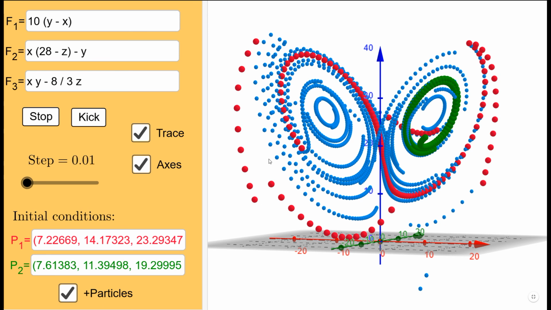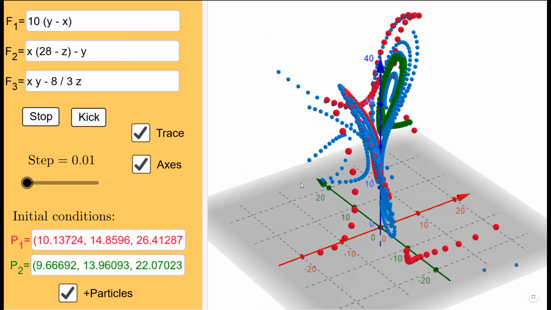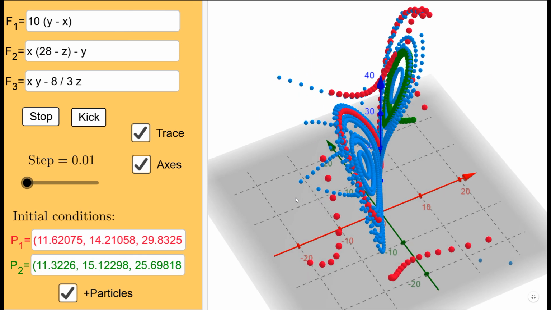Now, I don't have the vectors graphed on this one, but we do have some of the curves.